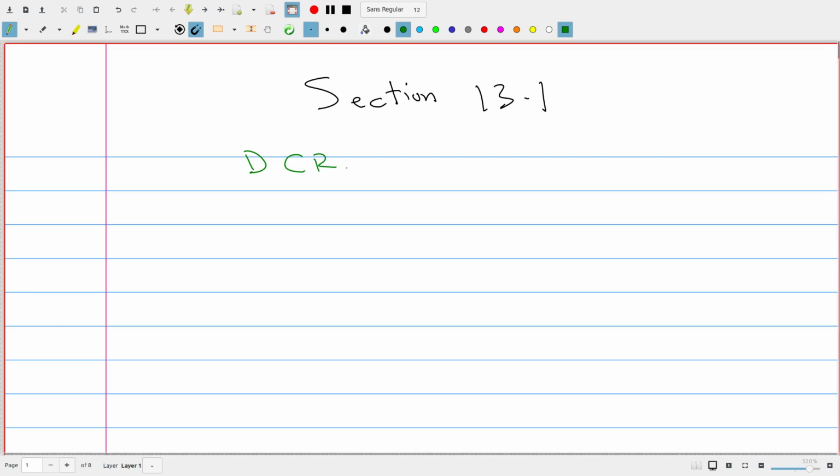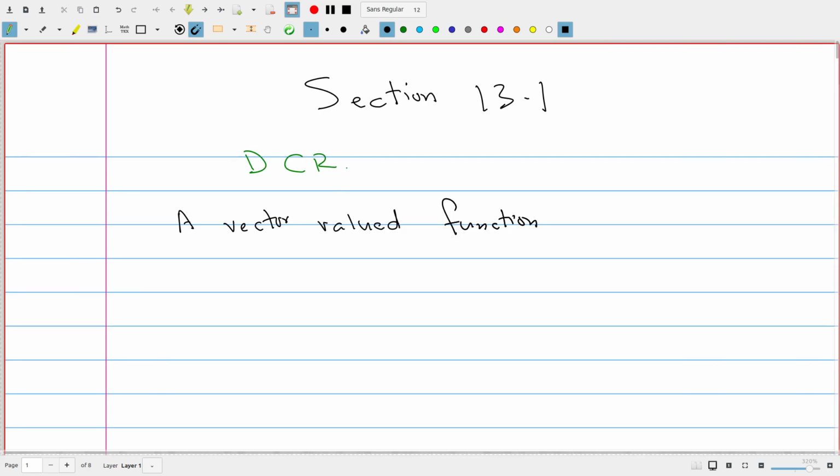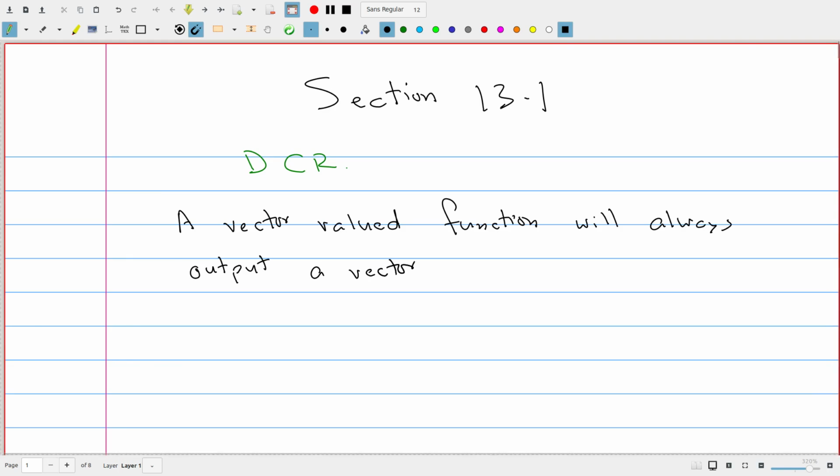A vector valued function will always output a vector in as many dimensions as you want.